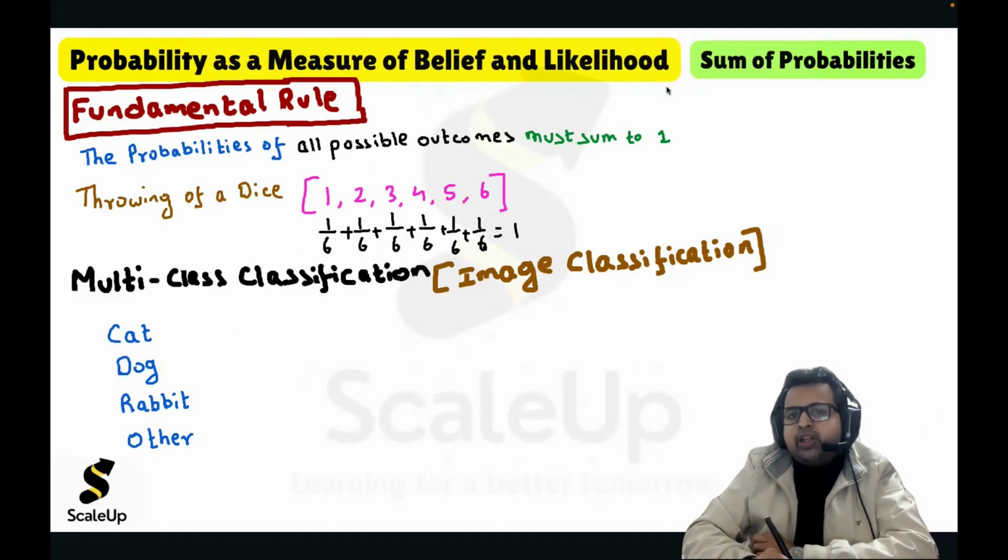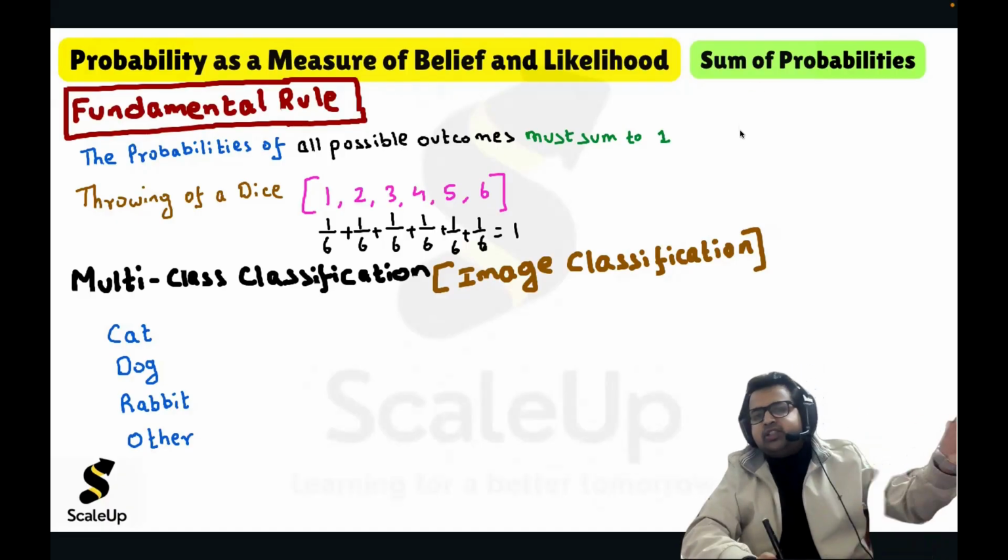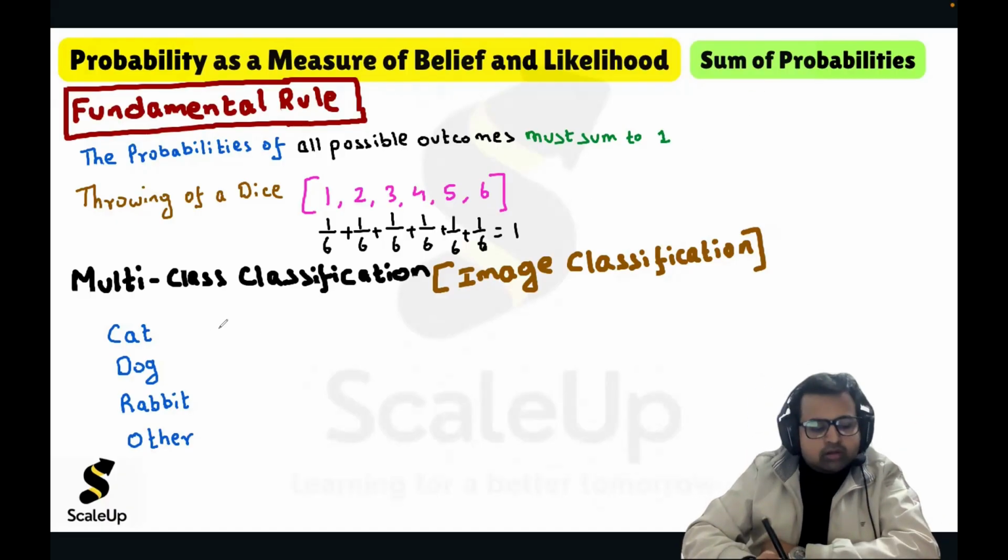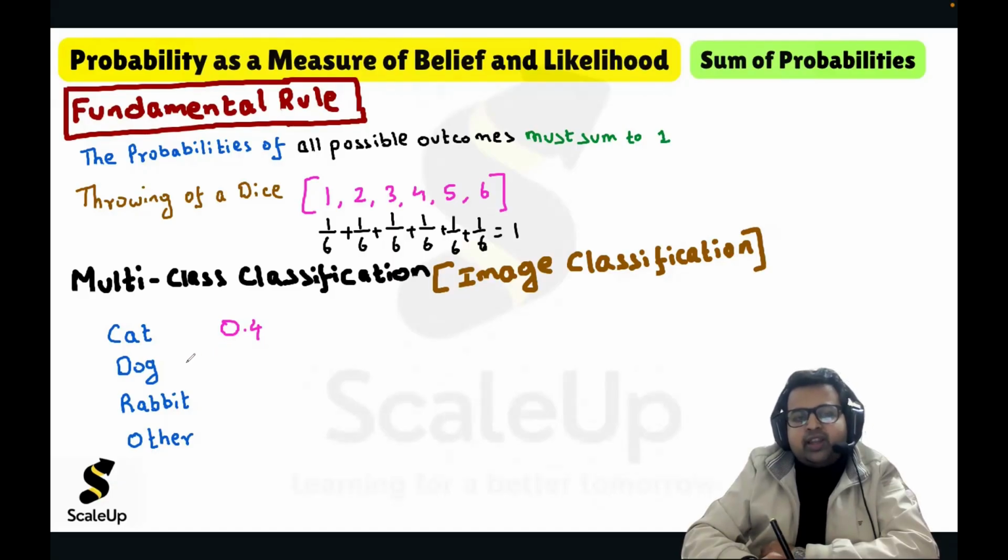What is the probability of that image being cat? Let us suppose that is 0.4, which is predicted by the machine learning model. And what is the probability that the given image is a dog? Let us suppose it is 0.3. What is the probability that it is a rabbit? Let us suppose it's 0.2, and other will be 0.1.